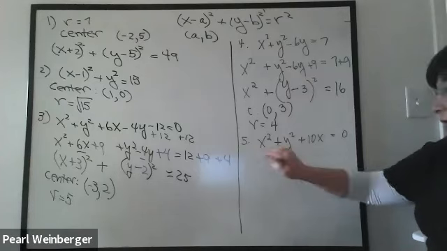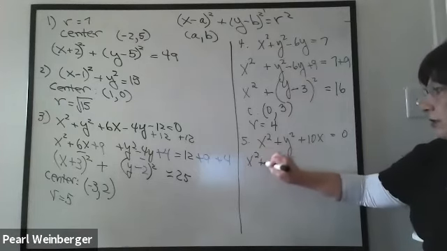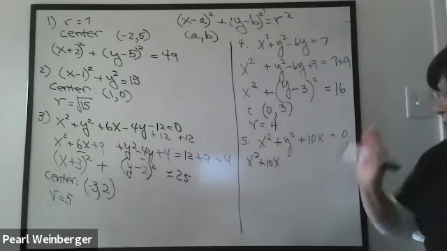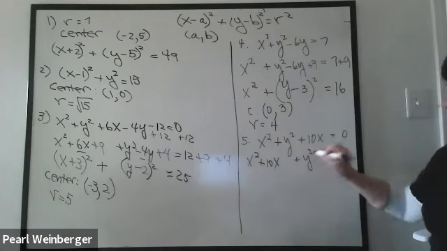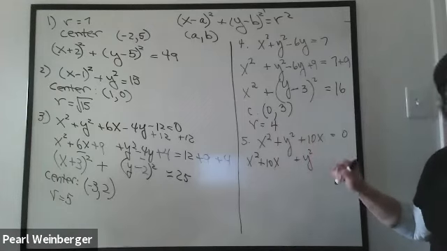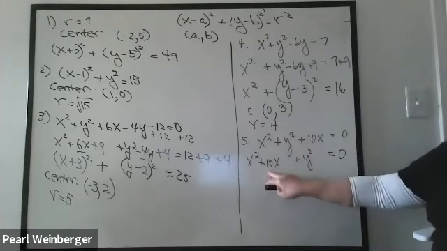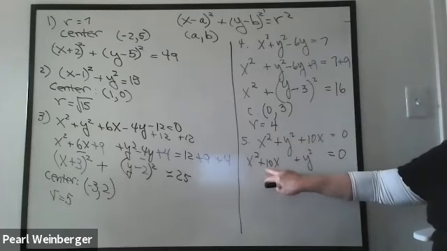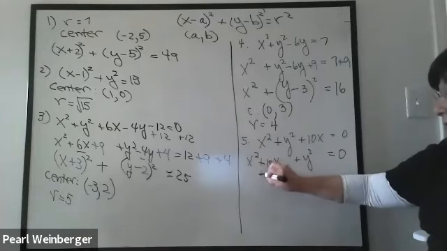And again, I bring the x terms together, so I have an x squared plus a 10x. And remember, I leave a space. Then I have a y squared. There's no plain y term, so the y squared is going to stay alone. And this is 0. And again, now we have to complete the square on the x rather than on the y. So half of 10 is 5.